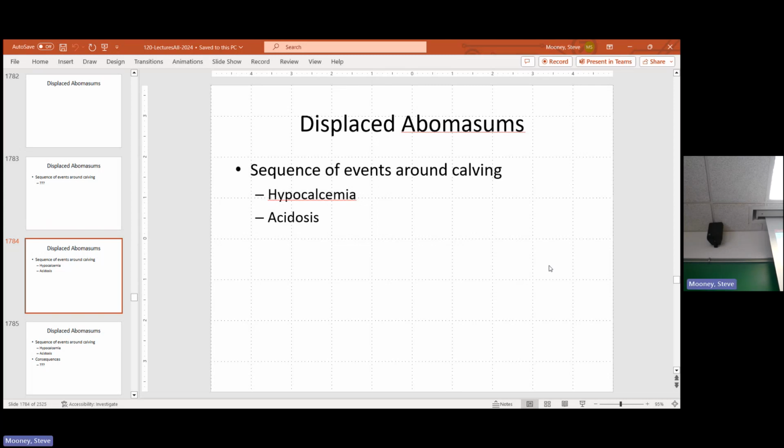When we switch our cows over from a dry cow diet to a lactating diet, we're increasing the nutrient density. We've got more carbohydrates. We got more protein. We're generating a more fermentable diet. If that animal is not ready for that, she's going to get a short period of acidosis.